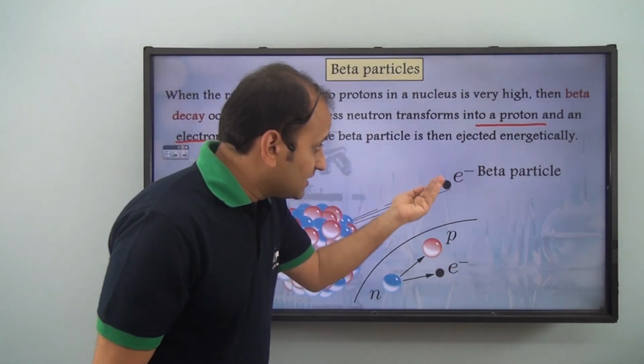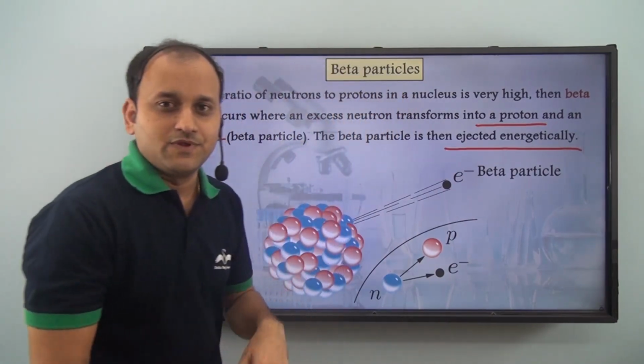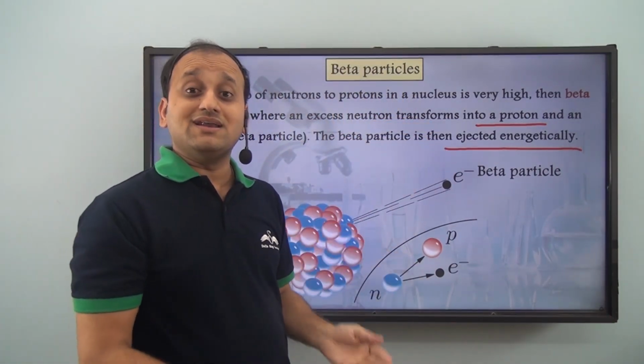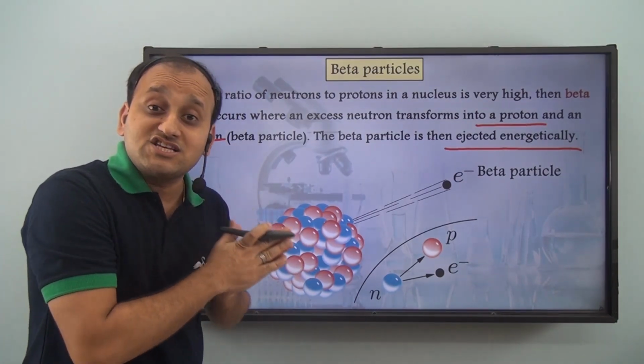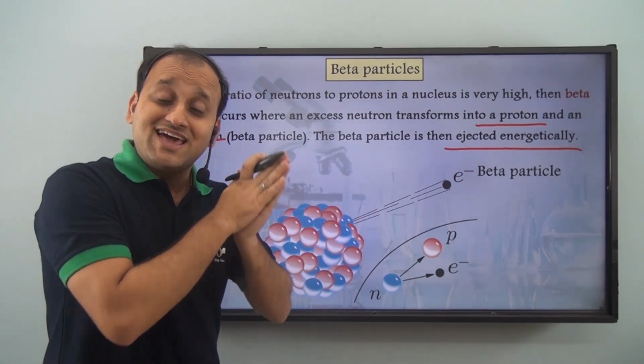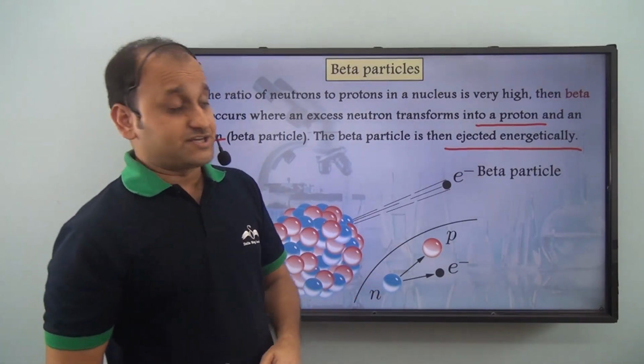So the beta particle is then ejected energetically. It is a fast moving electron which is ejected from the nucleus, and we call it beta particle.